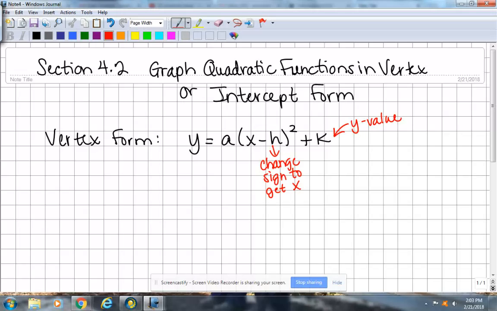So if we have a quadratic equation that's already written in this form, you take the number in the h spot, change the sign, and that's your x value for your vertex. The k value is the y value. So you change what's in the parentheses to get your x. You keep the number on the end, that's your y. Okay? So if it's in the parentheses, you change it. On the end, you keep it.